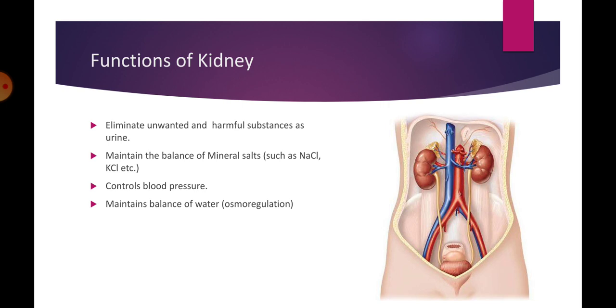And a more important function of the kidney is to maintain the balance of water, that is called osmoregulation, because we know that osmosis is the passing of solvent, and inside our body water is the most important solvent, and mainly water passing is done in osmosis.